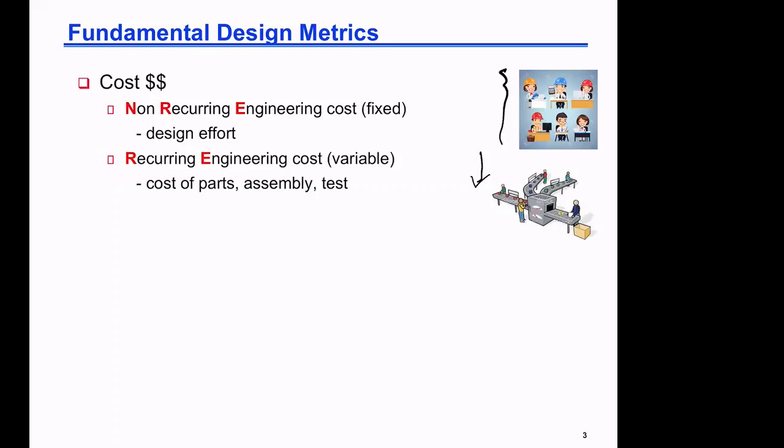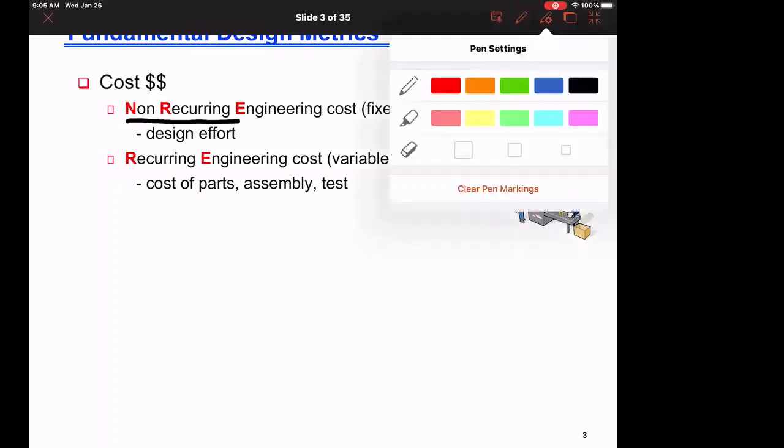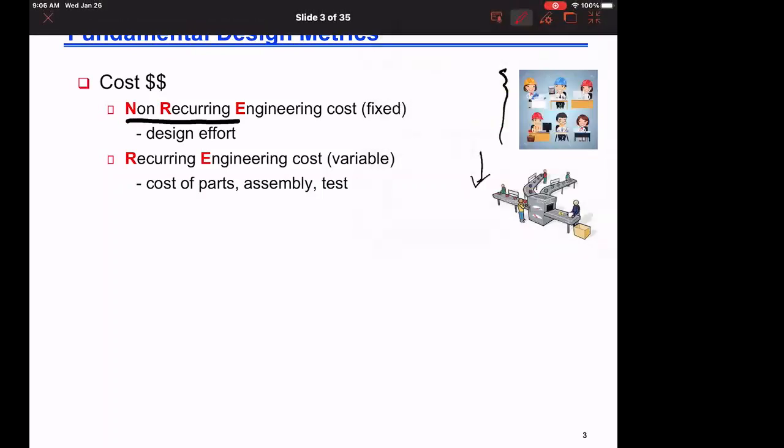So there are two types of costs. The NRE is basically the time which all of these engineers spend for 6 months, but this gets amortized or distributed over all the components. And then there is the recurring engineering cost, which is the cost of the parts, the assembly and the testing.